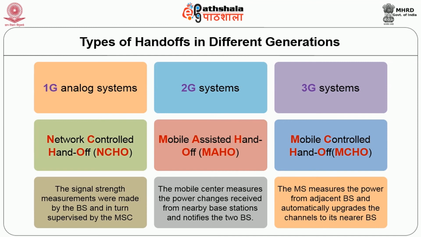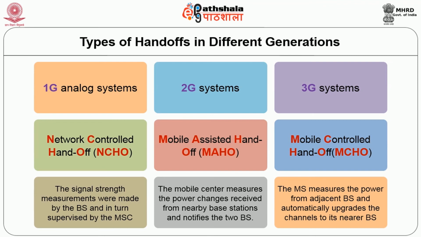The mobile measures the power changes received from nearby base stations and notifies the two base stations. Accordingly, the two base stations communicate and the channel transfer takes place. Here the circuit complexity was increased, but the delay in handover was reduced to 1 to 5 milliseconds, and the power requirement was less than 5 dB.